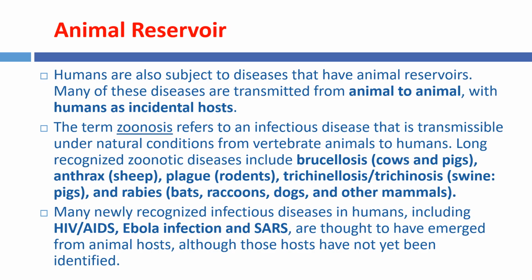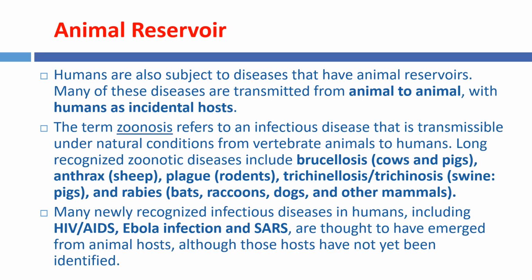Long recognized zoonotic diseases include brucellosis from cows and pigs, anthrax from sheep, plague from rodents, trichinosis from swine (swine are pigs), and rabies that can be transmitted from bats, dogs, raccoons, and other mammals.